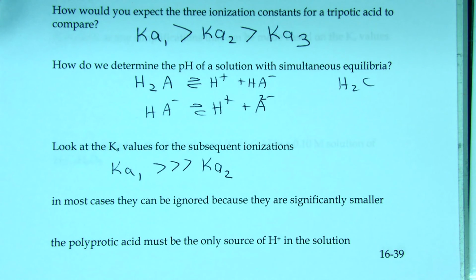But when we can't ignore it, we solve simultaneous equilibria by setting up two ICE charts, or one ICE chart that turns into what I call an ICCE chart. You have two lines for change. But I think those are more confusing, so it's easier to just do it with two charts. In order to do that, the polyprotic acid does have to be the only source of loose hydrogen ion in the solution.